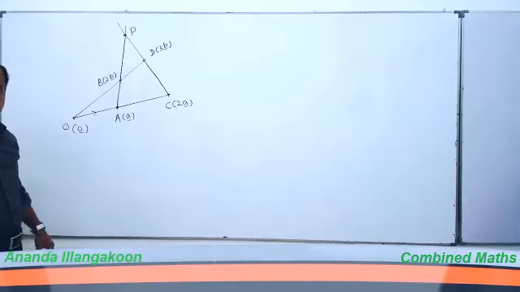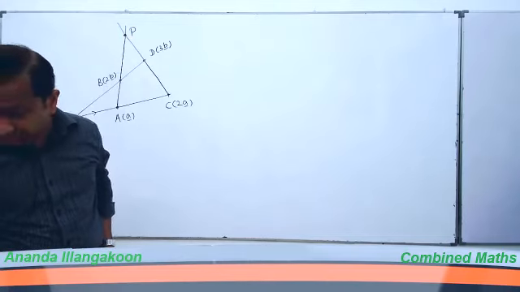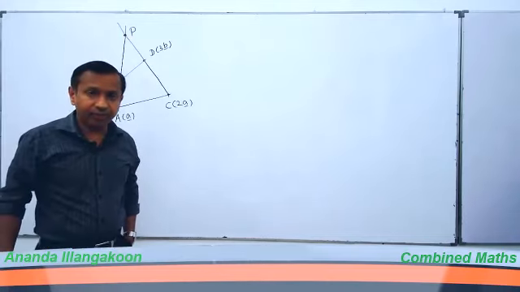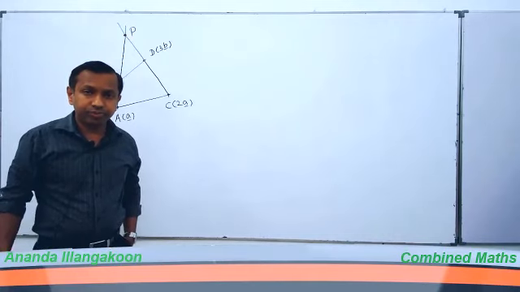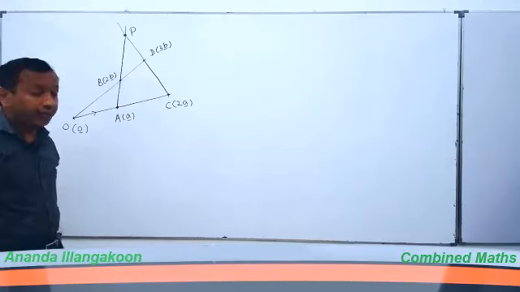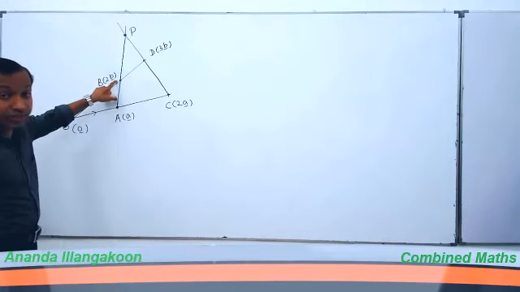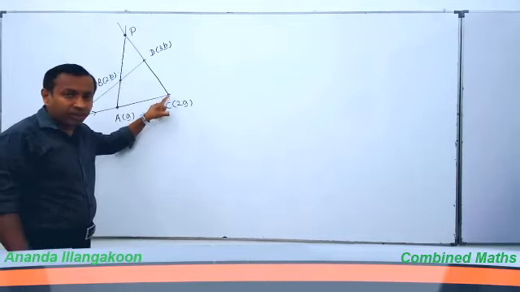We have to show in the question that OP vector is 2 times (2B minus A). Very easy. First of all, we'll take the vector equation of the AB line. Second, we will take the vector equation of the CD line.